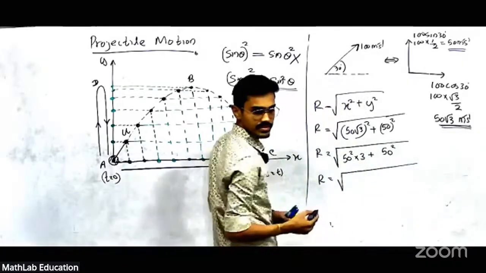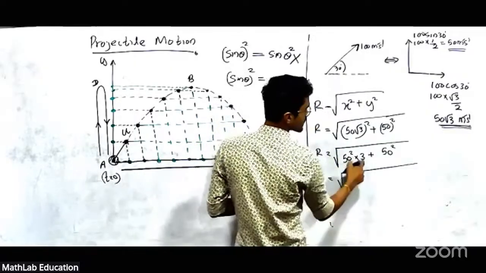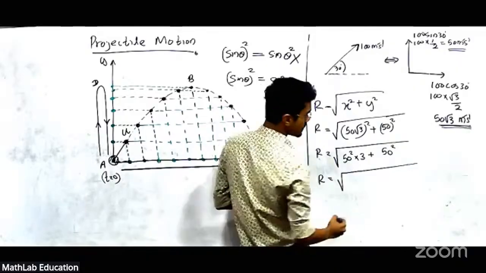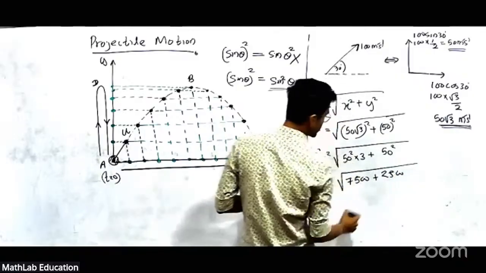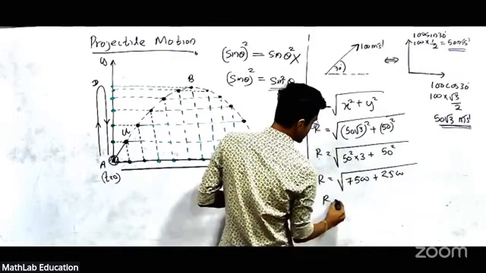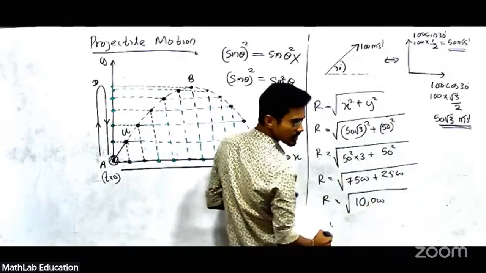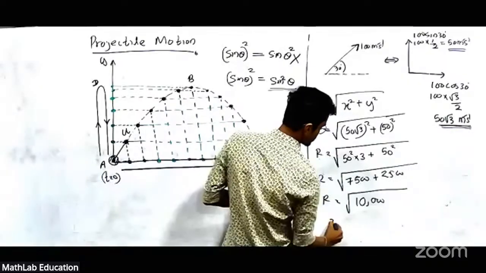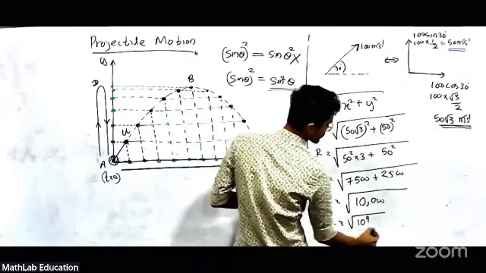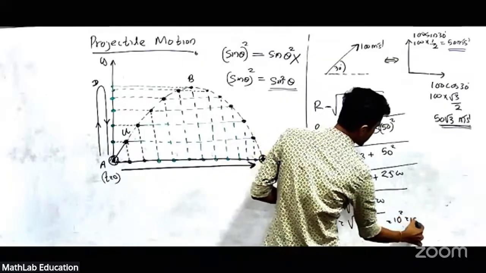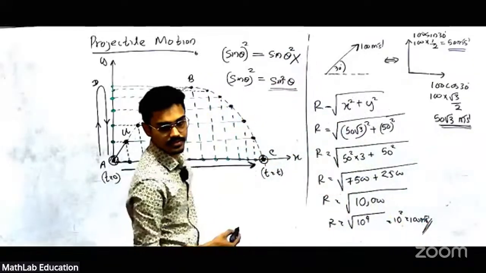What's the value of 50 squared? 2500. 2500 times 3 is 7500, so this is 7500 plus 2500, which is 10,000. This can be written as 10 to the power 4. So root of 10 to the power 4 is 10 squared, that is 100. So the resultant of these two is 100 again, right?